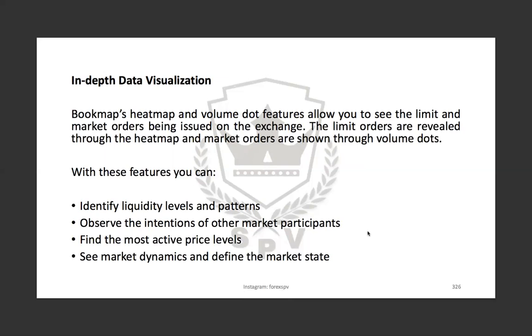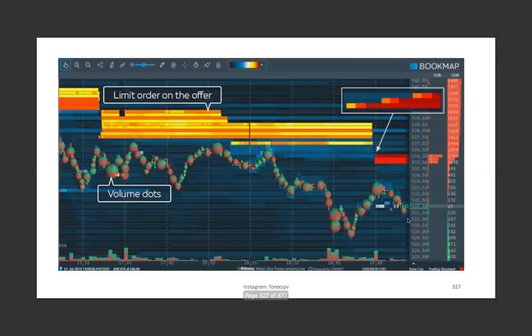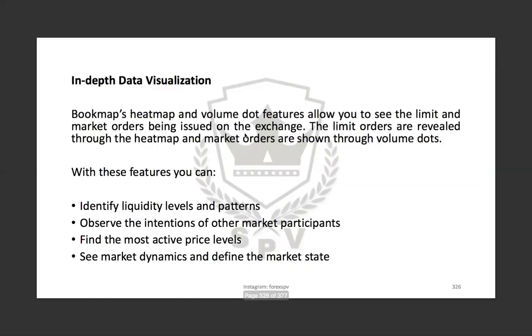In the book map, we have the heat map, and you have the volume dots. I remember Mauro did post these volume dots in the charts once. These features allow us to see the limit and the market orders being issued on the exchange. The limit orders are revealed through the heat map, and market orders are shown through the volume dots.